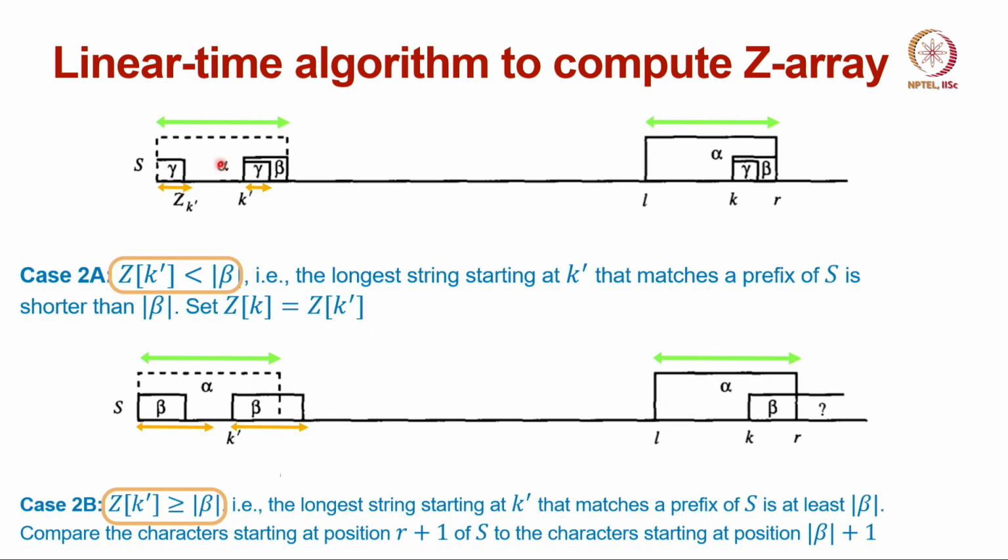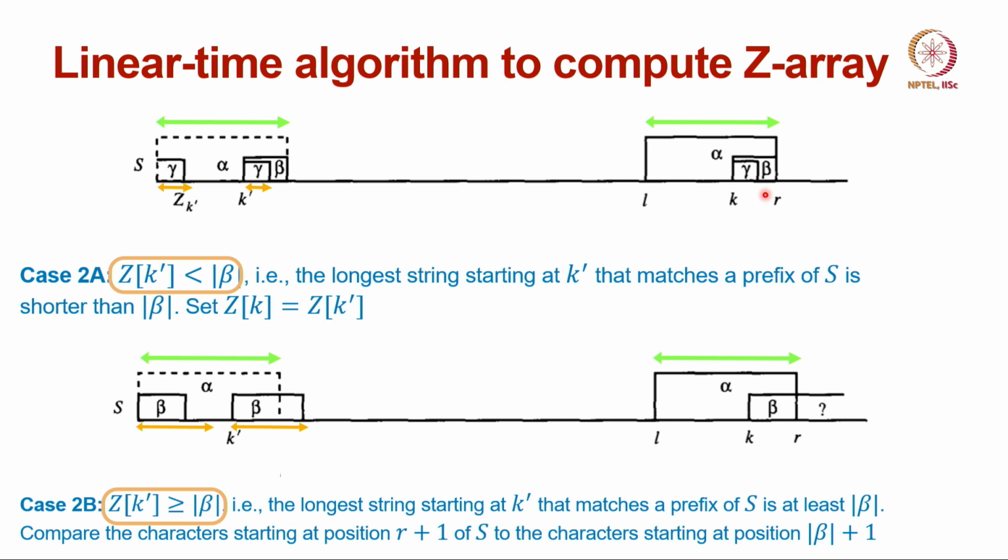So here we have the following two sub-cases. Suppose now we have the case that R is greater than K. Let us consider the value of Zk dash.